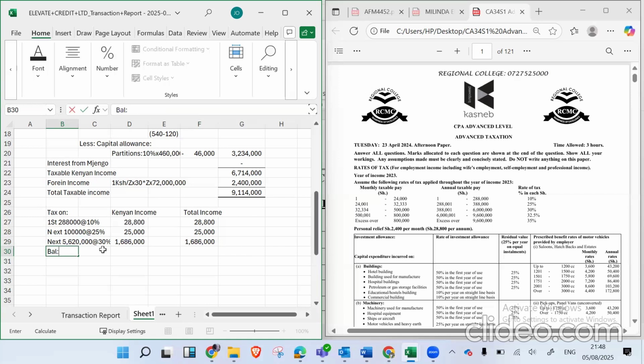Balance on the Kenyan income. Was it 56,000 or 5612? It's 5612, right? Yes, 5612,000.